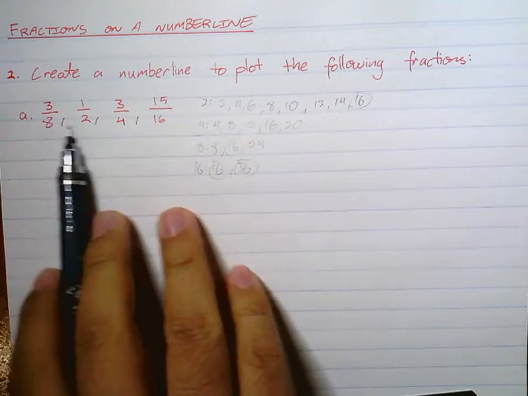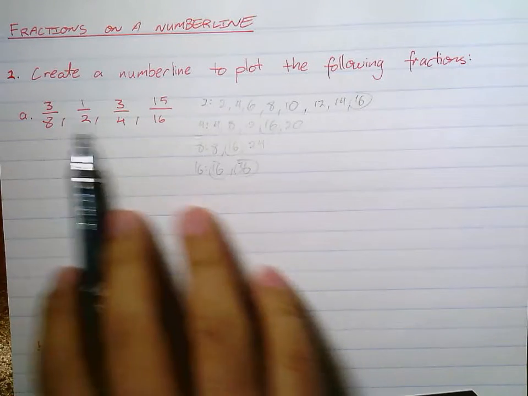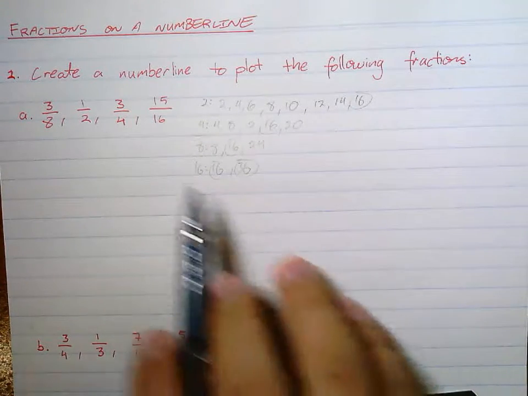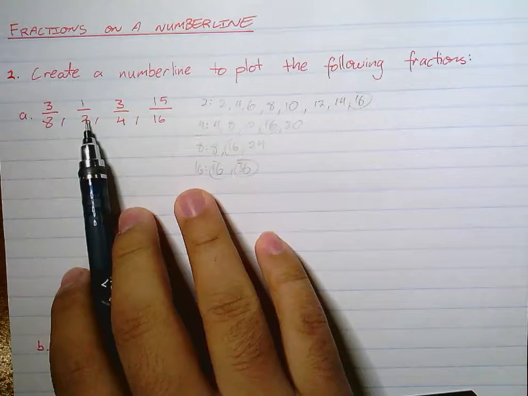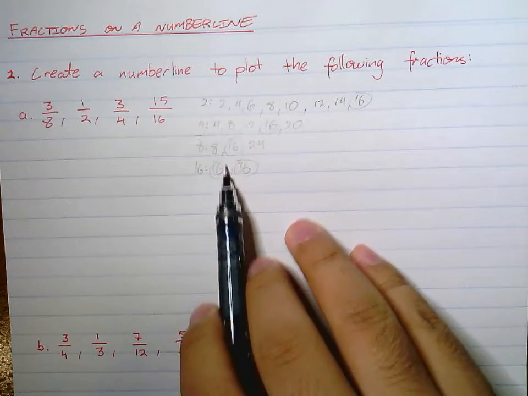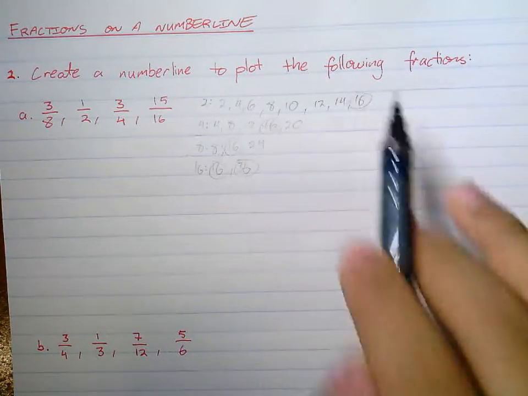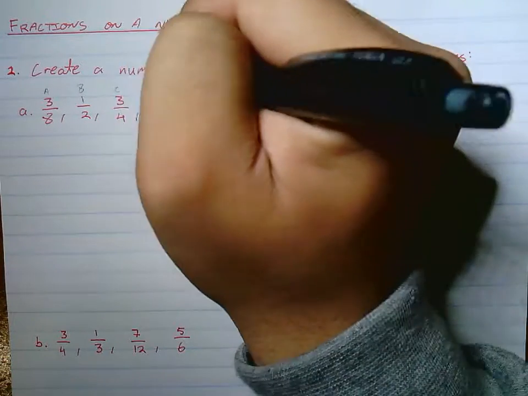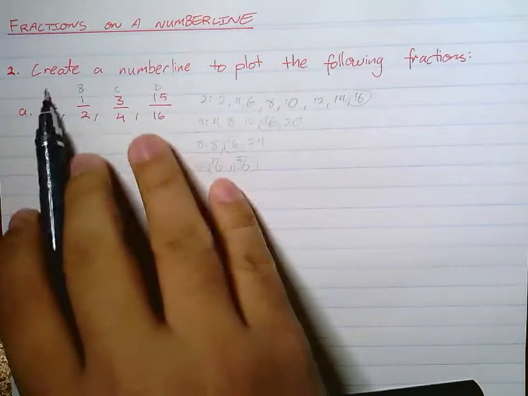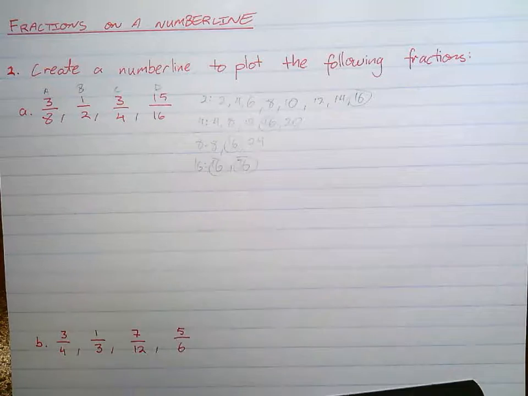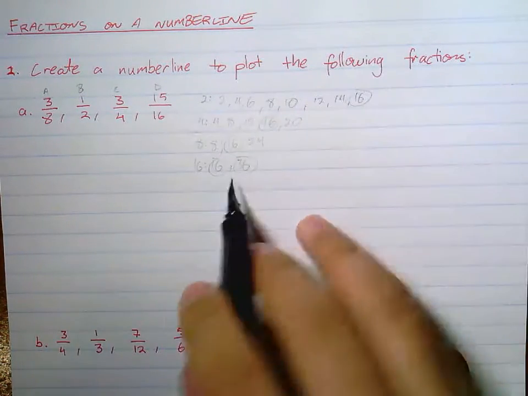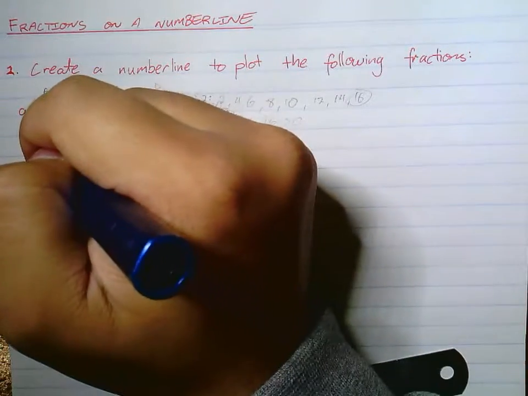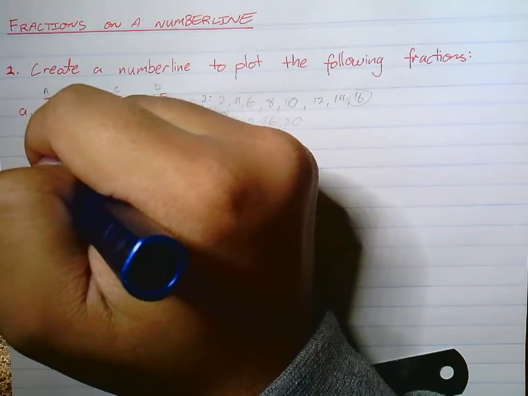So we're going to make all of these fractions into equivalent fractions with a common denominator of 16. Okay, so let's label these now as A, B, C, and D. That's for later, so we can place these letters onto the number line. So let's convert these now. We want to make all of them over 16.